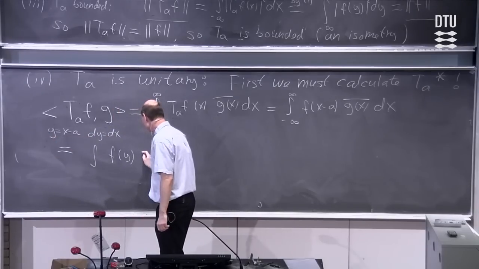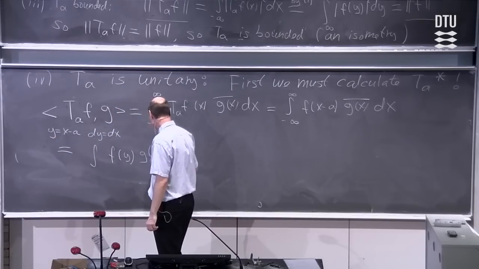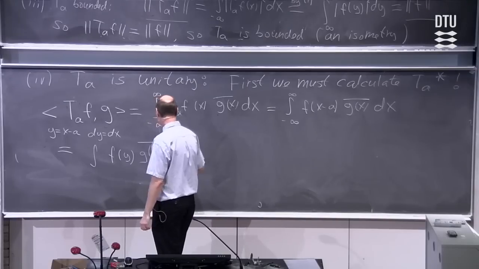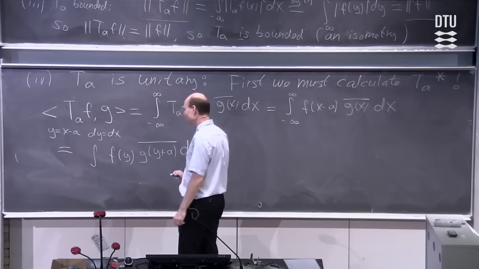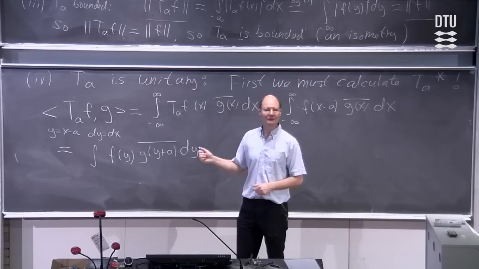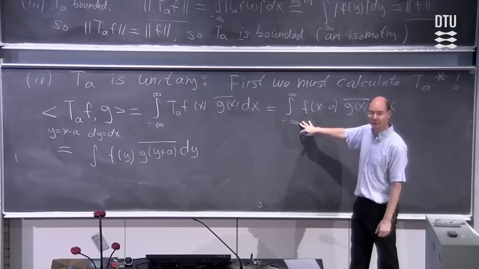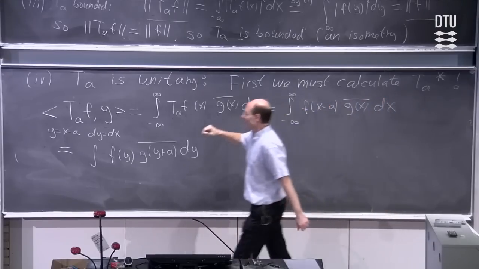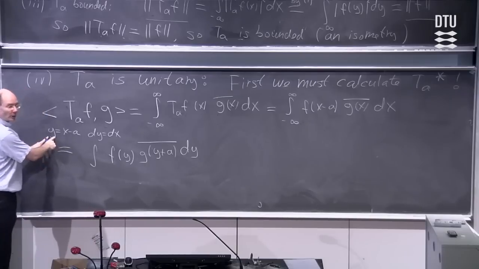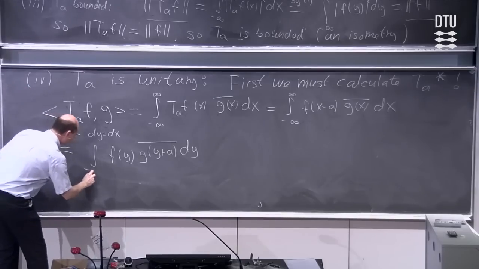So we get g of y plus a complex conjugated, and now dy instead of dx. Because here we had the limits going from minus infinity to infinity, the new variable y will also go from minus infinity to infinity. So this is the same.